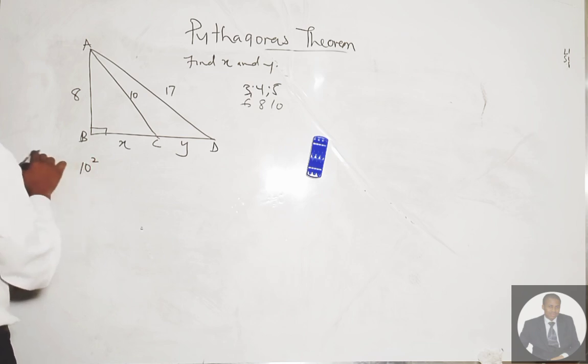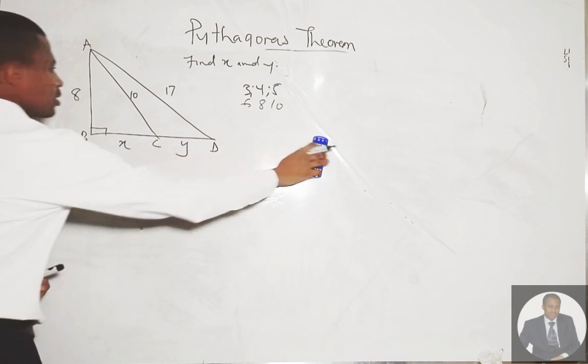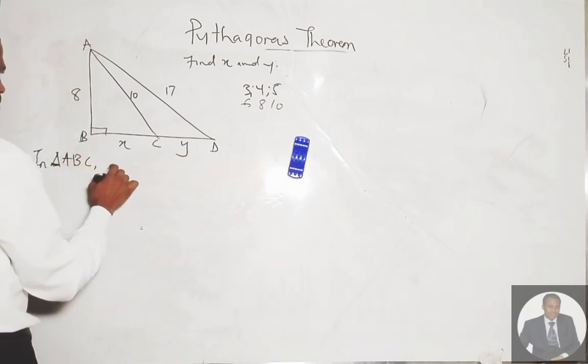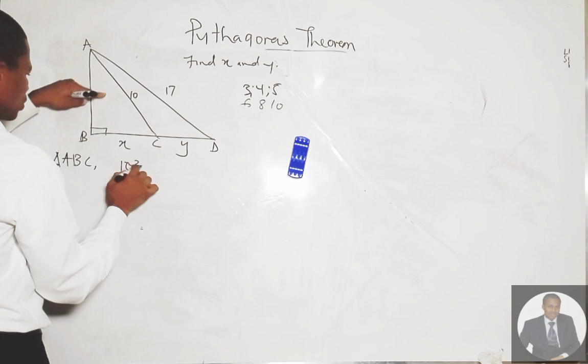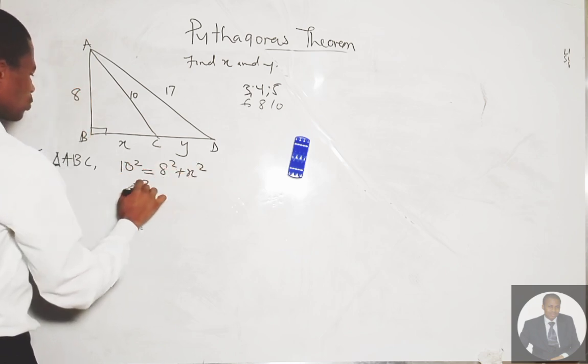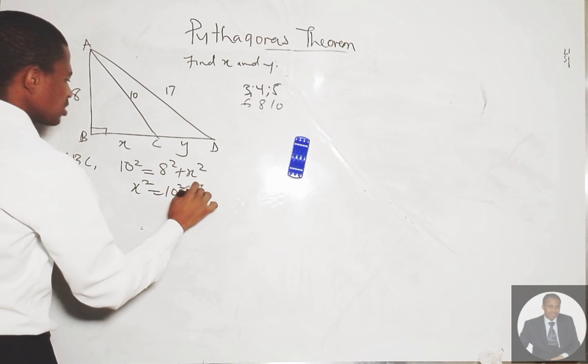10 squared, in triangle ABC, 10 squared equals 8 squared plus x squared. So x squared will be 10 squared minus 8 squared.